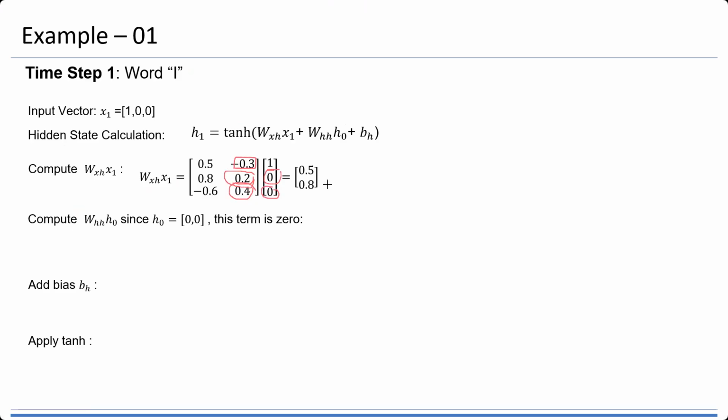So we got this value. This is the matrix 3 multiplied by 1, and this one is 1 multiplied by 3.